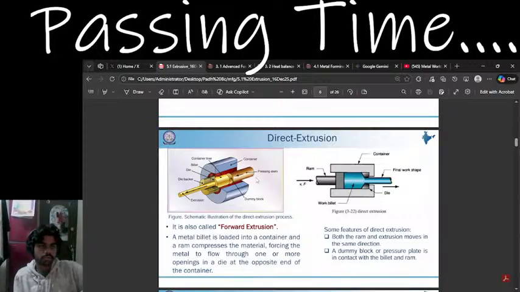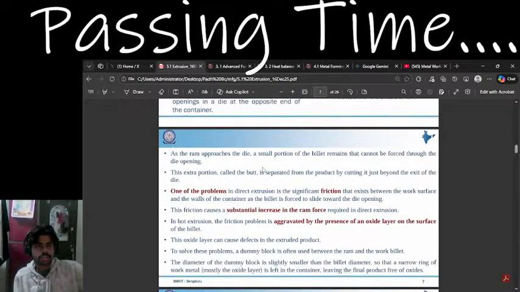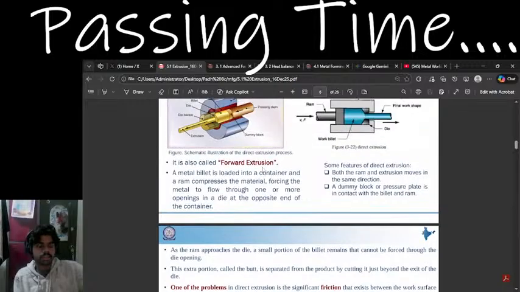The metal billet is loaded into a container and a ram forces the metal to flow through one or more openings in the die. Both ram and extrusion move in the same direction. A dummy block is placed in contact with the ram.